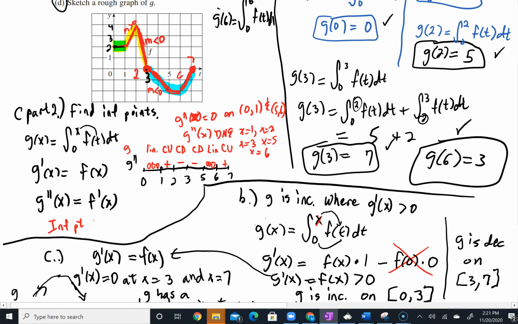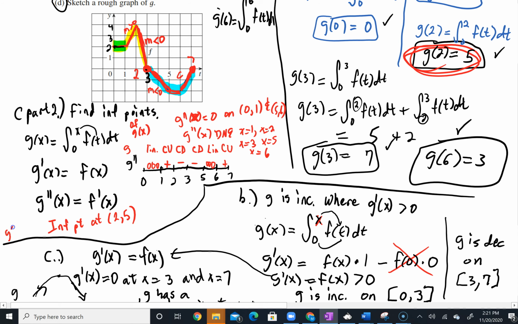Now, you already did some work in part A, and that's at (2, 5). From part A, you found G of 2 is equal to 5. And find inflection points of G of x, we should say. We should always distinguish that.